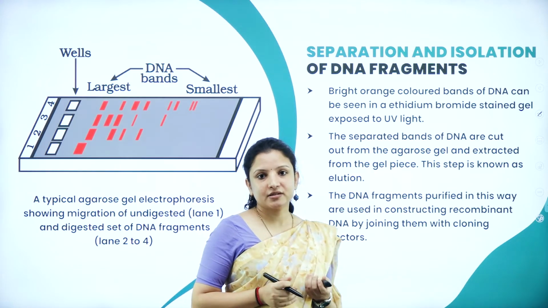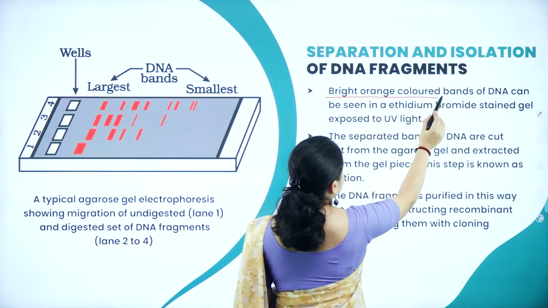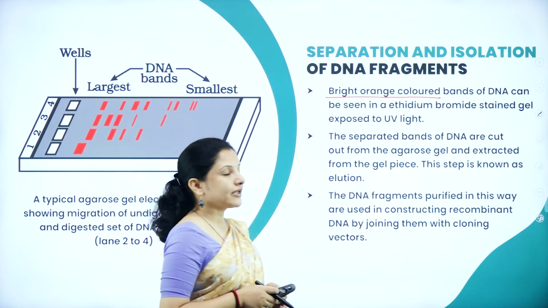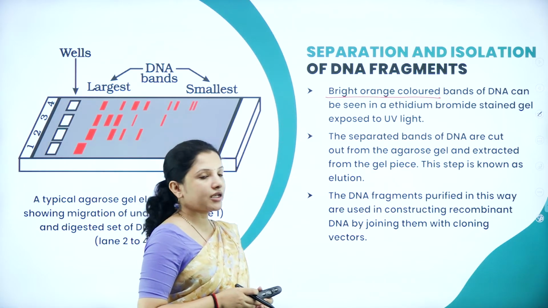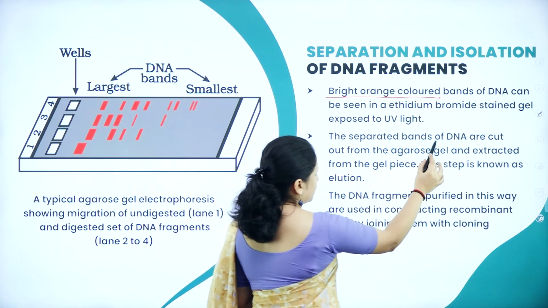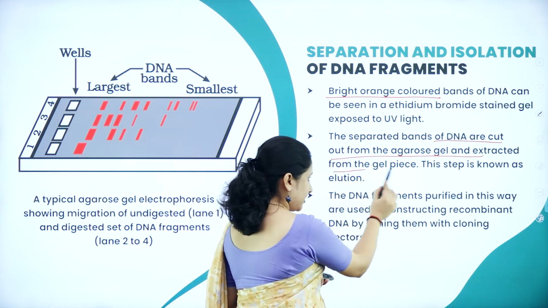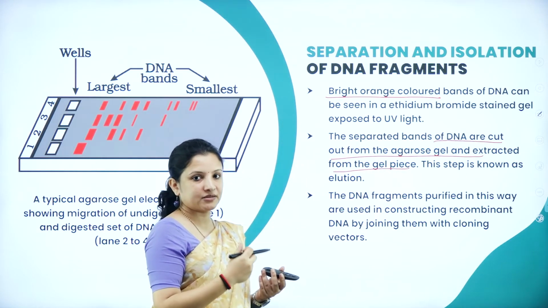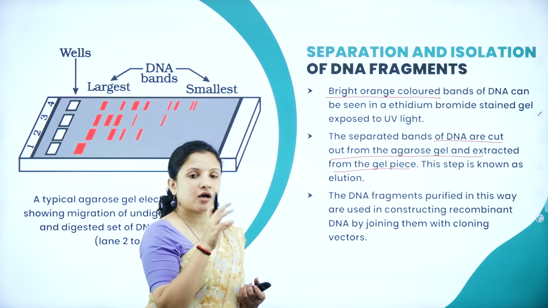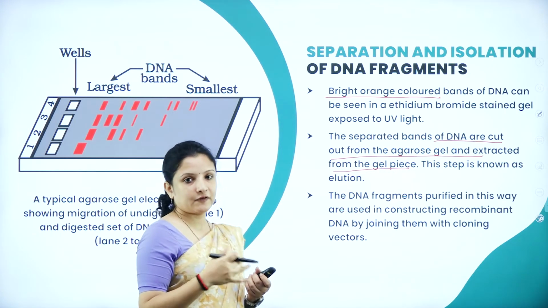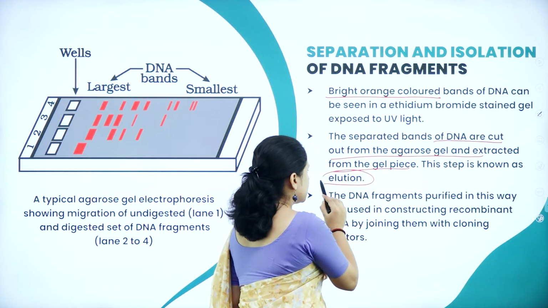What happens here is, as I told you, the color will be emitted, right? Bright orange colored bands of DNA can be seen under the UV light, and the separated bands of DNA are cut from the agarose gel and extracted, or removed, from the gel piece. This cutting of the desired DNA fragments from the agarose gel and removing them from the gel piece is called elution.